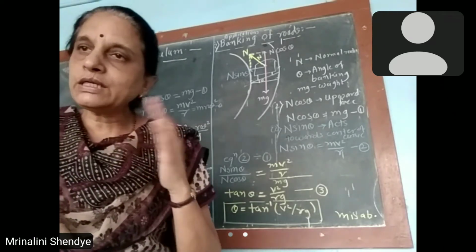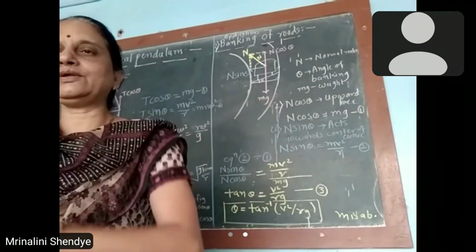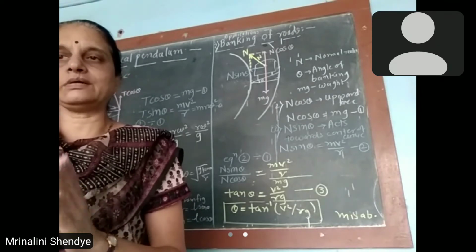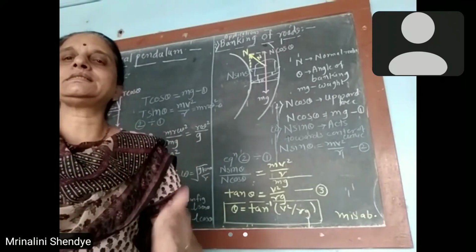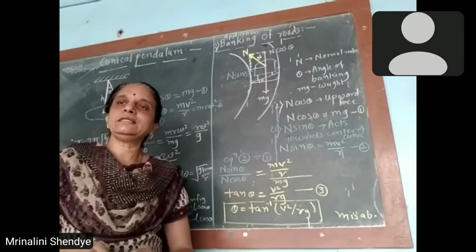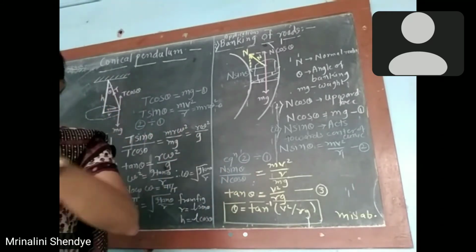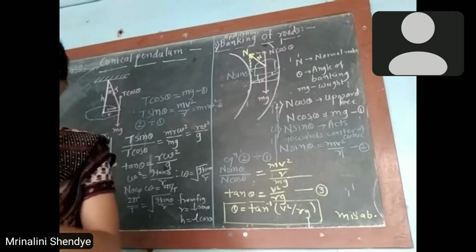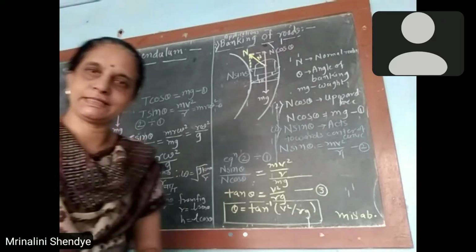We are only thinking of a turning road because we are going to study here circular motion. And that's why you have seen some of the roads are curved like this. And on the curvature, the speed limit is written over there.